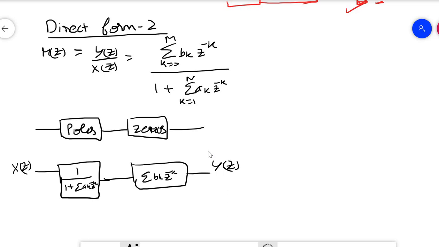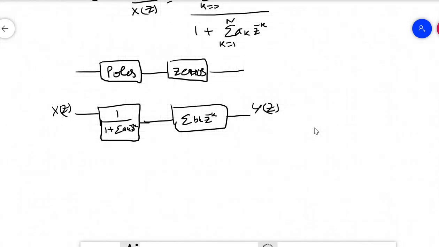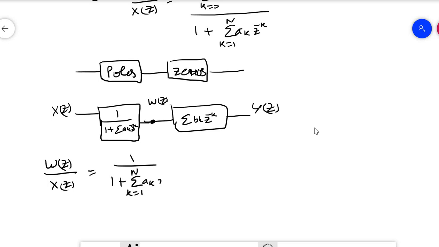Now solve one by one. First of all, I am taking this value in the form of W(z). So W(z) upon X(z) equal to 1 plus summation 1 to n ak z minus k.